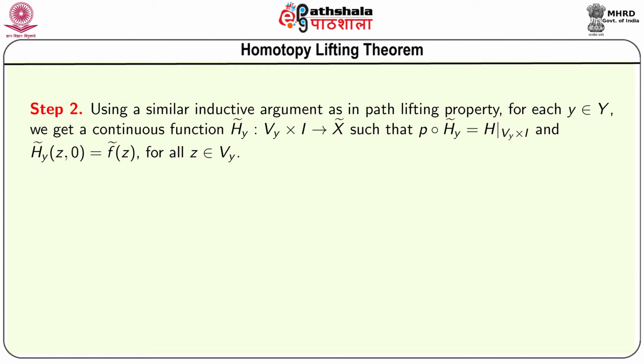Now step 2 is that using a similar inductive argument as in the path lifting property, for each y belonging to capital Y, we get a continuous function capital Hy tilde from Vy cross I to X tilde such that P composed Hy tilde is H restricted to Vy cross I and Hy tilde evaluated at the point (z, 0) is equal to f tilde z for all z belonging to Vy.